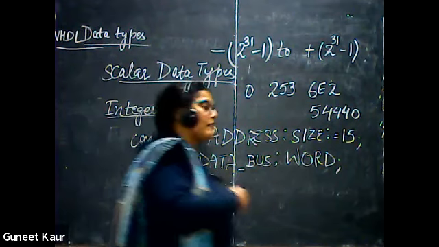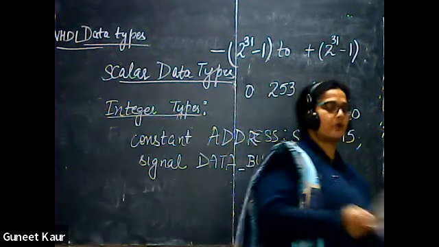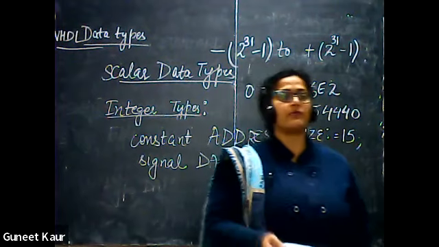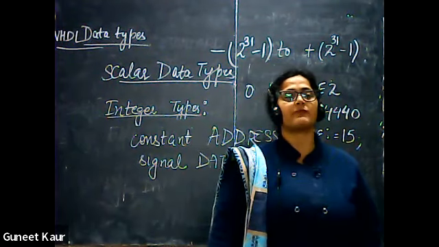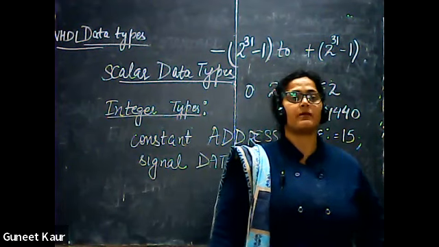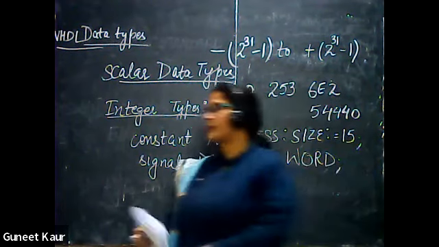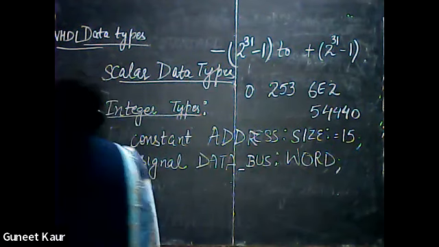But in the previous case, in enumeration, we can use the signal data object and variable data object with the enumeration data type. Now I will explain the data objects used for enumeration.